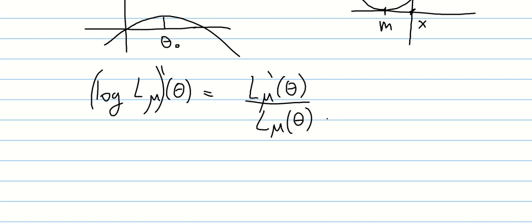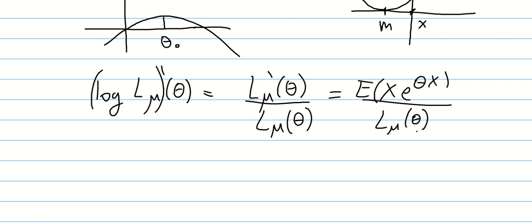And we know the derivative of the moment generating function is the expectation of x e to the theta x. So let us evaluate this at theta 0. If we put a 0 here, this is of course still true.